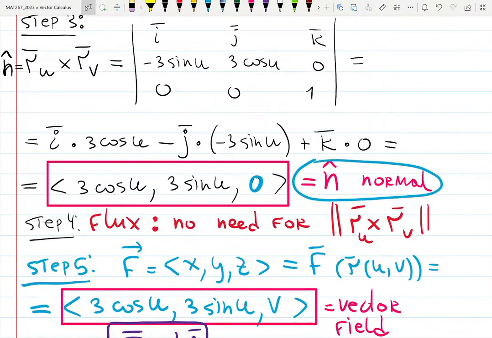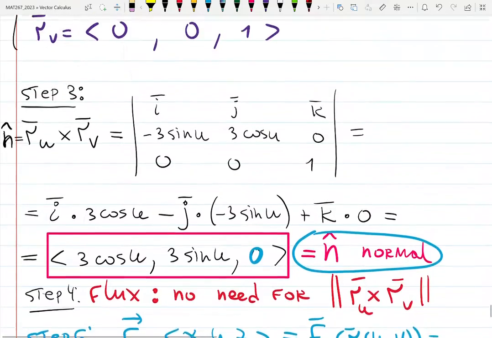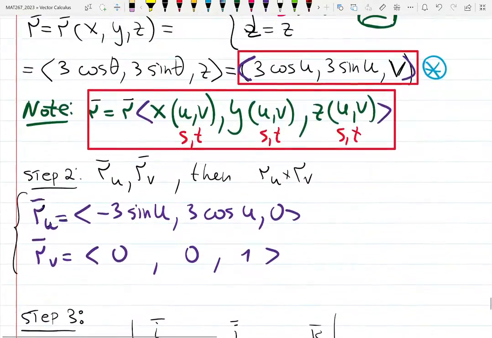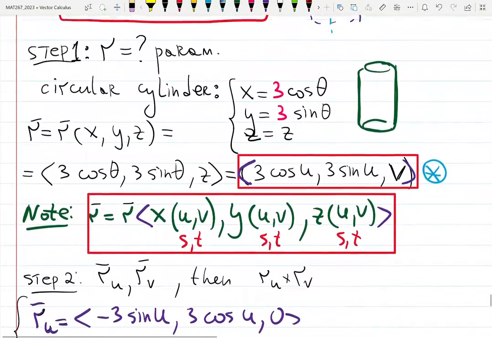But we also can check just based on this: 3 cosine and 3 sine, and then 0. Are they going in or are they going out when u is increasing? U is the angle. They're going in x, y, and z.